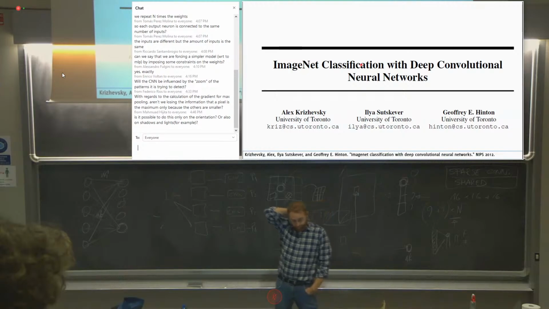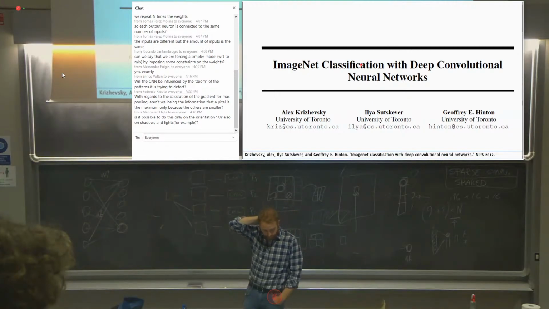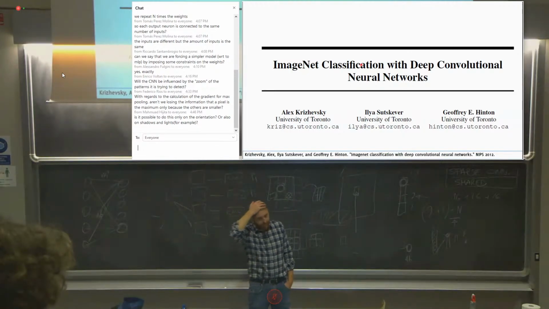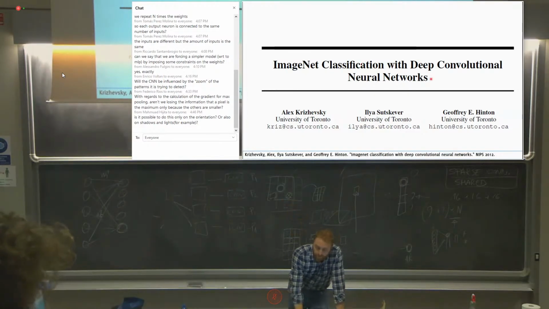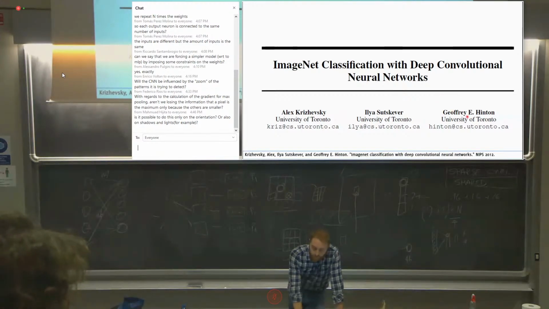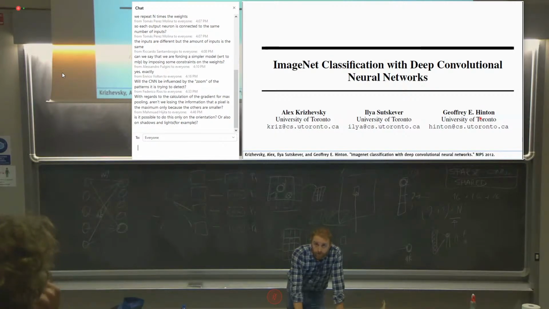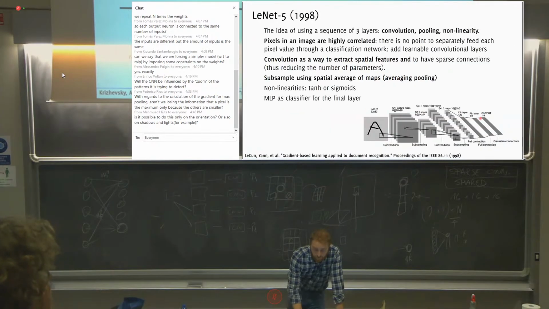Now we get to this paper in 2012, which was the breakthrough in image classification. Geoffrey Hinton got the Turing Award lately, together with Yann LeCun, this guy.